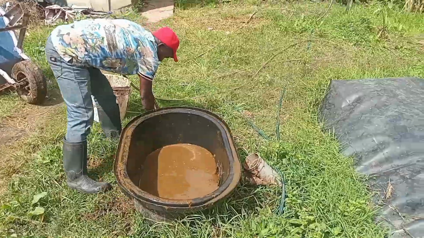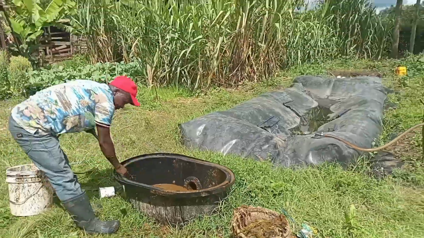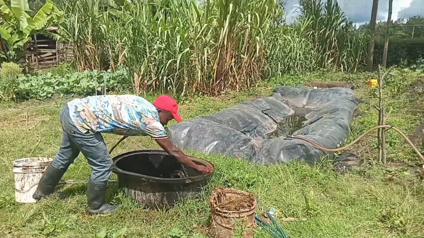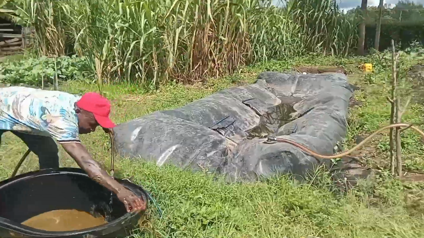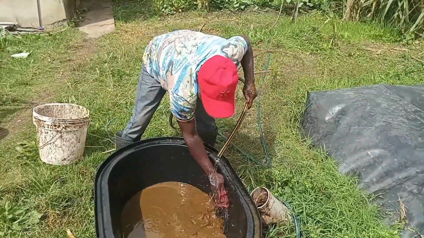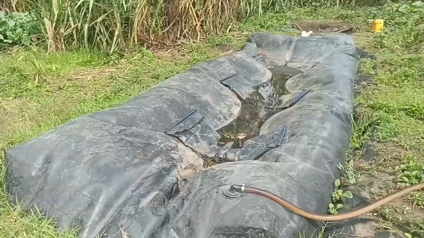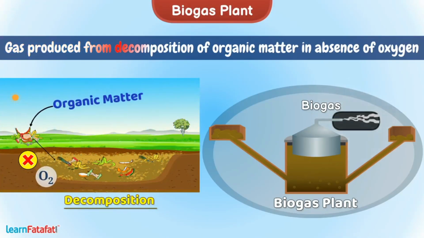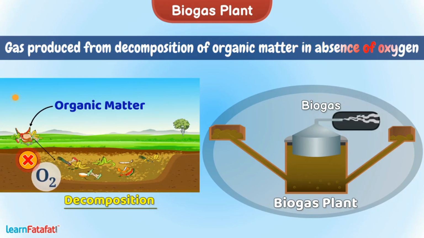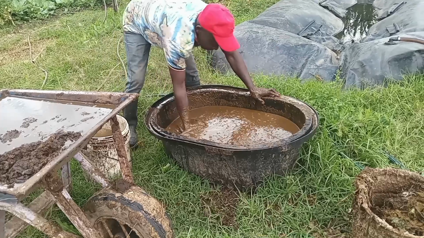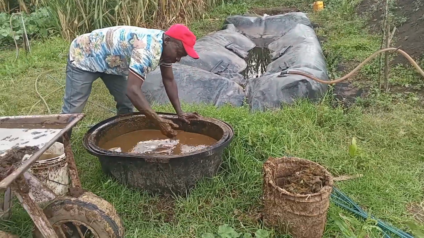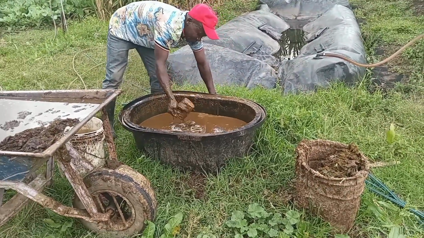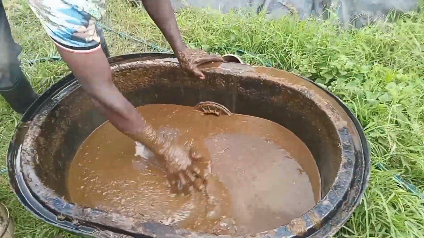If it's the first time the biogas plant is being inaugurated, then you have to put in methanogenic bacteria to inoculate the reactor, and this is done by adding cow manure, which helps to digest the organic materials.